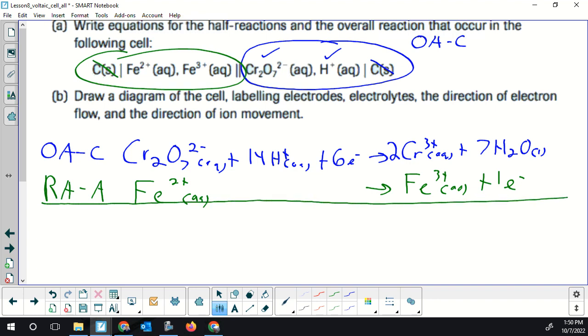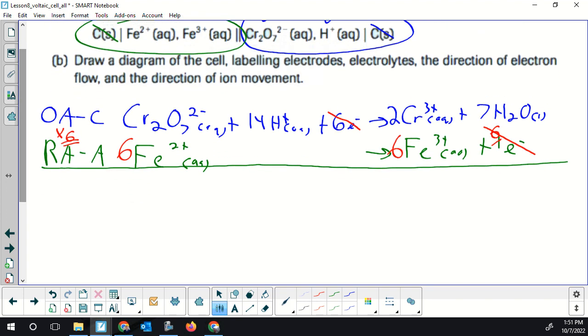We can get our net by finding the lowest common multiple of electrons. We've got 6 and 1, so that's going to be 6. So I have to multiply the green half reaction by 6: 1 times 6, 1 times 6, 1 times 6. The electrons in blue that are gained are the exact same electrons in green that are lost. I can write out the net and then go right into our diagram.